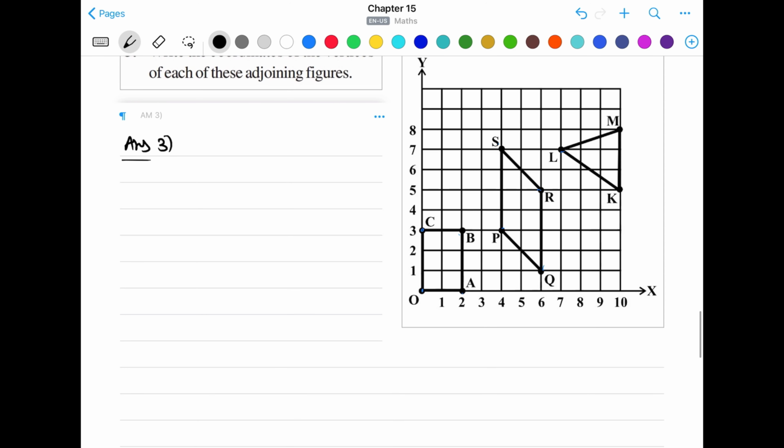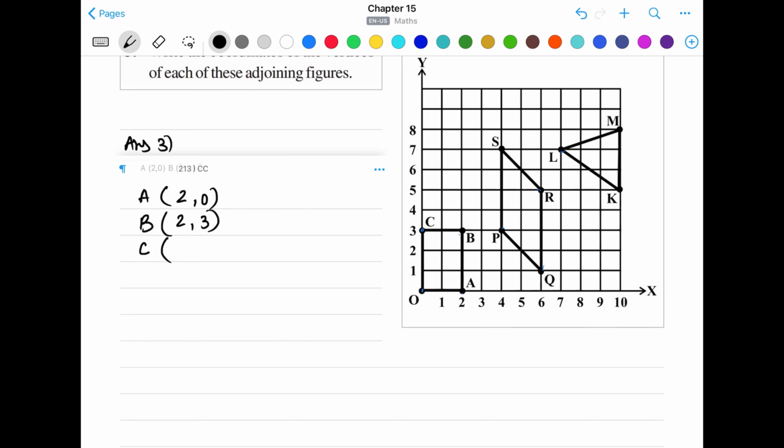The first point is A. Coordinate of A is x 0 and y 0, so we'll write x first and then y, 0 0. Second point is B. The coordinate of B is x is 2 and y is 3, so 2 3. Then we have point C. The coordinate of point C is x is 0 and y is 3.